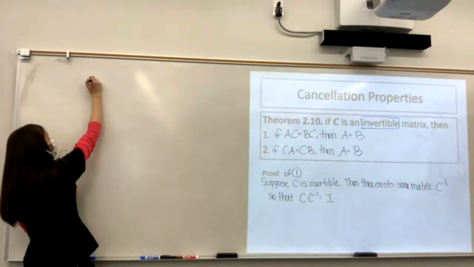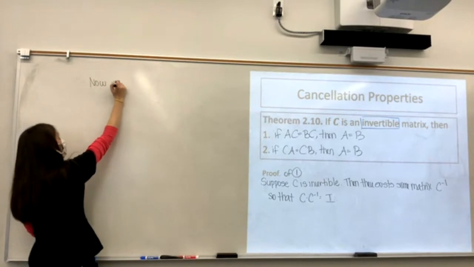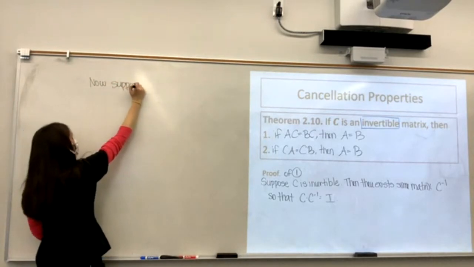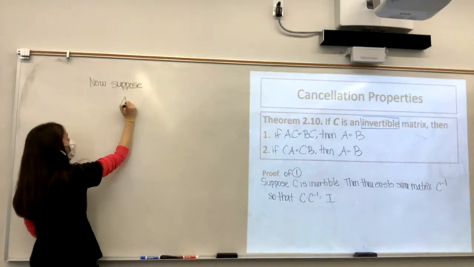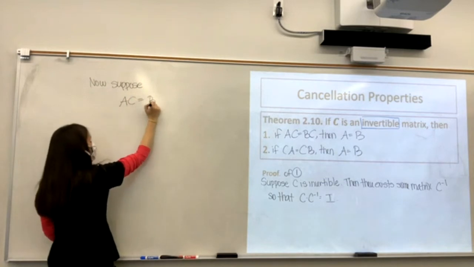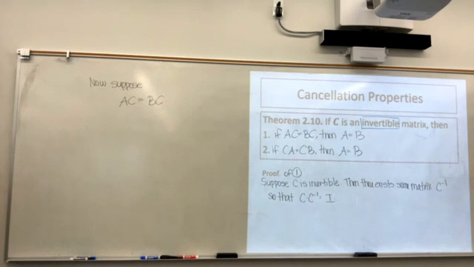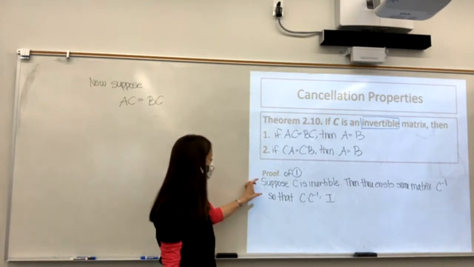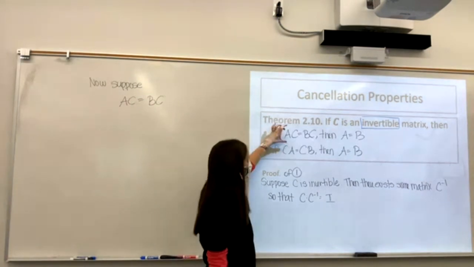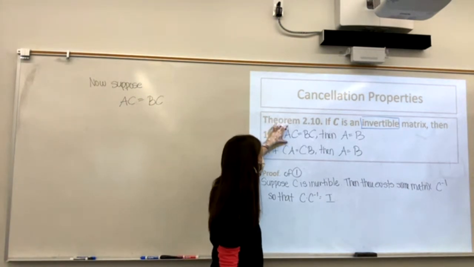Okay, so now suppose that AC equals BC. So we've got our invertible matrix, and we're assuming that AC equals BC.